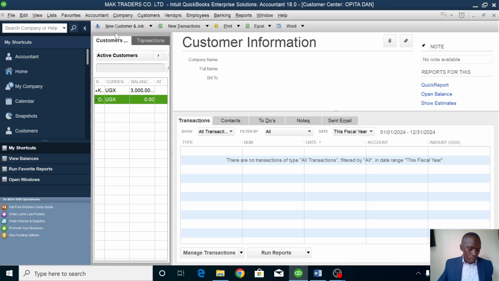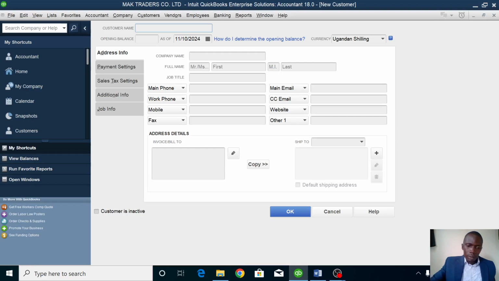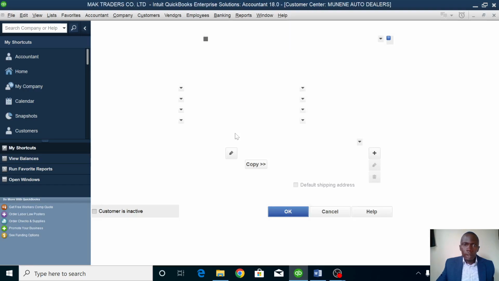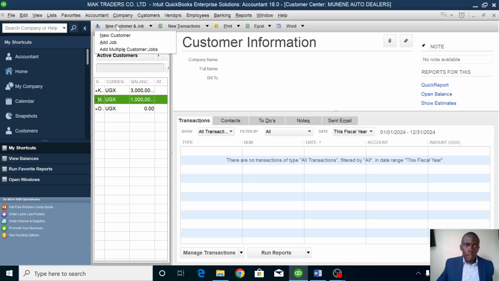Then we go to Munene Auto Dealers. Our opening balance is 1 million. Then our date is 1st of January 2023. We go to the next customer.